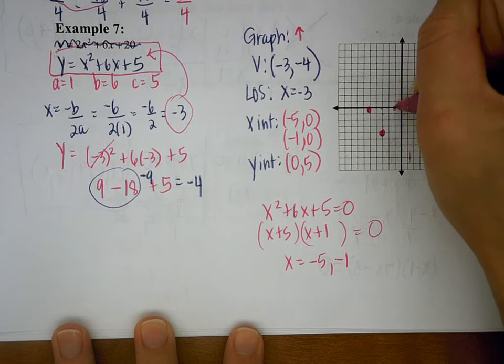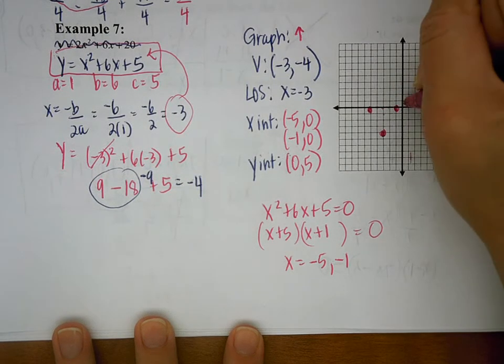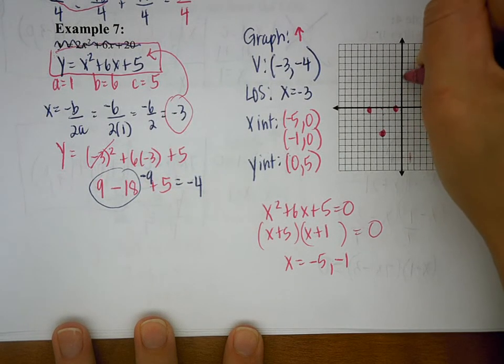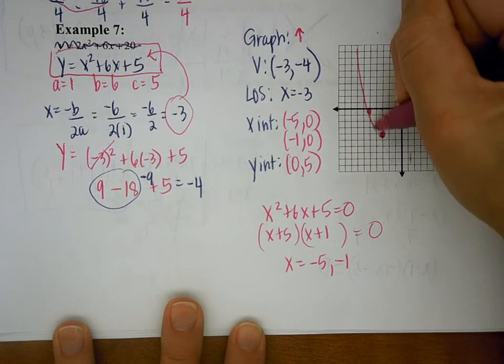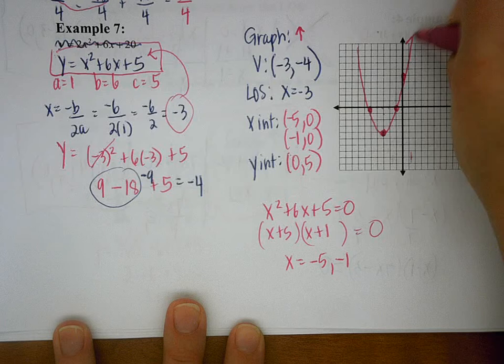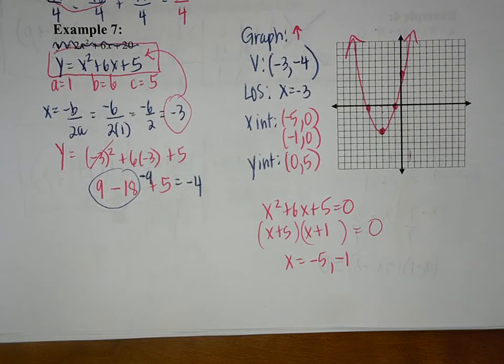And then my y-intercept is at 0, 5. So when you graph it, it looks like that. So basically, by finding your x-intercepts and your y-intercept, it makes your graph more accurate.